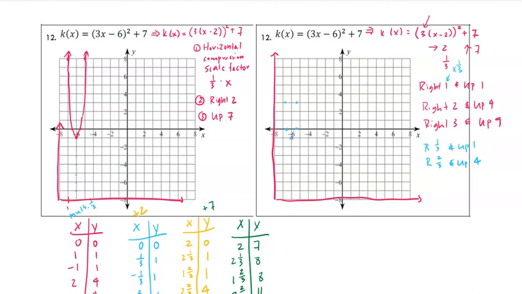Okay, and then right 1 and up 9. 1, 2, 3, 4, 5, 6, 7, 8, 9. Right up here. It's going to be the same right here. Once again, it's that significant horizontal compression that occurred. Okay? And good job.